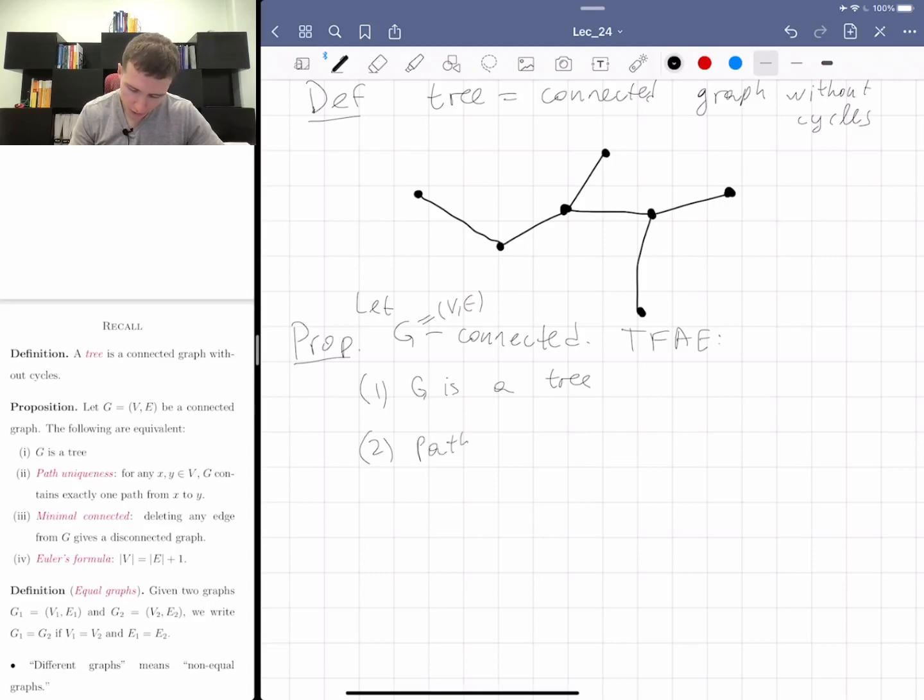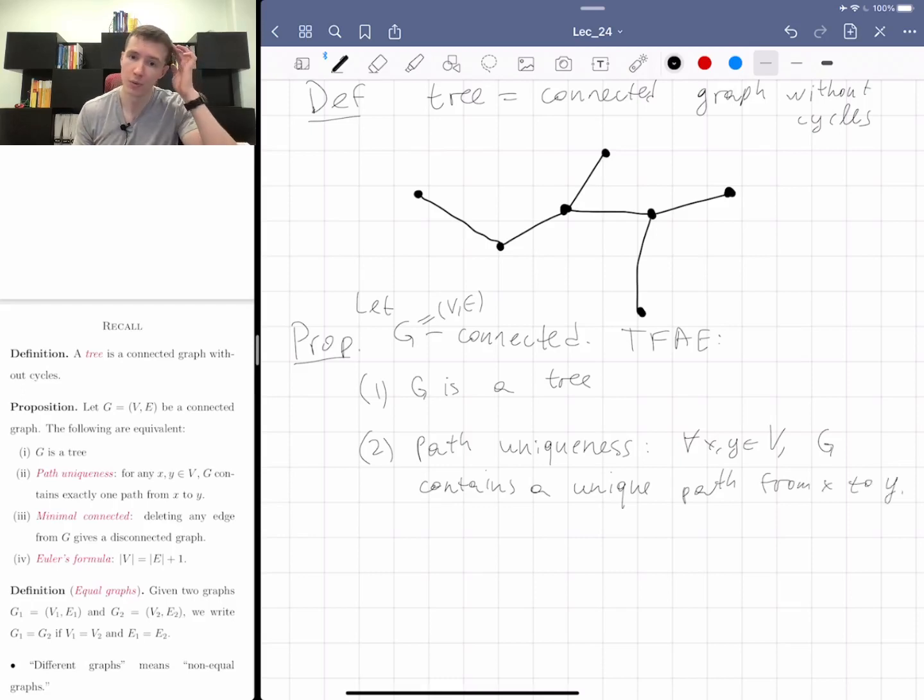One is path uniqueness, which is that for any two vertices x and y, G contains a unique path from x to y. And here the difference between paths and walks is essential.